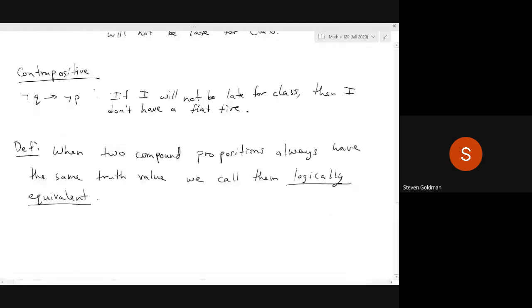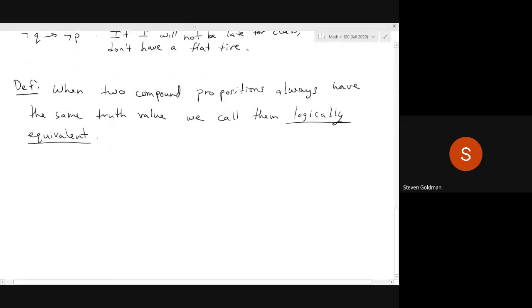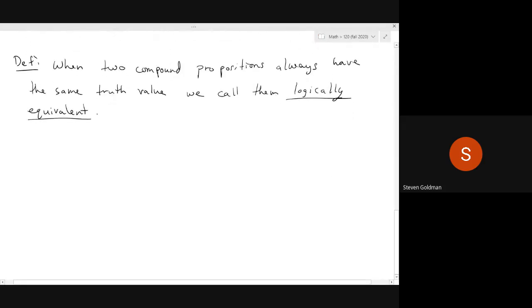So we're going to demonstrate that now with these conditional statements. We're going to write out a truth table for a conditional statement, its converse, its inverse, and its contrapositive.